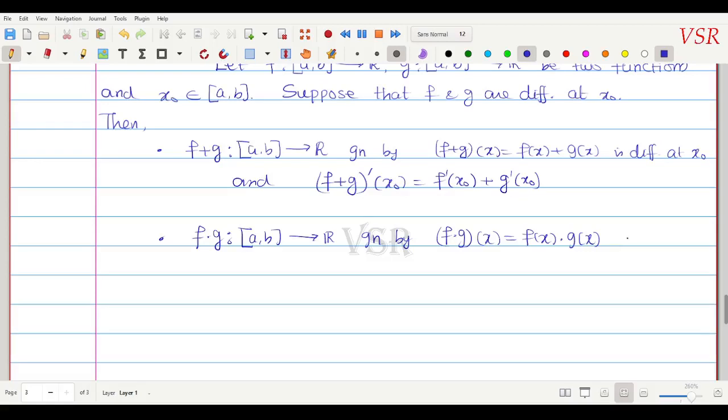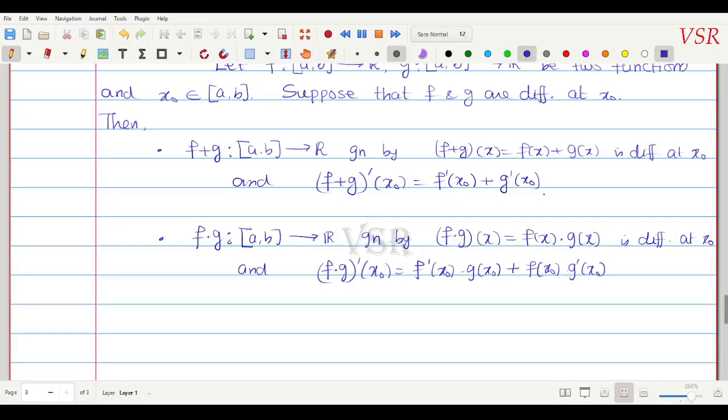Then this function is differentiable at x naught, and இதனுடைய டெரிவேட்டிவ்: f into g dash at the point x naught is equal to f dash at x naught into g at x naught plus f at x naught into g dash at x naught. இது ஃபார்முலா. இப்படி இதெல்லாம் ப்ரூஃப் பண்ண போறேன். ஓகே, f என்கிற ஃபங்க்ஷன் இப்படி இருக்கு, இந்த ஃபங்க்ஷனும் டிஃபரன்ஷியபிள், டெரிவேட்டிவ் என்ன அப்படிங்கிறதுக்குள்ள ஃபார்முலா.